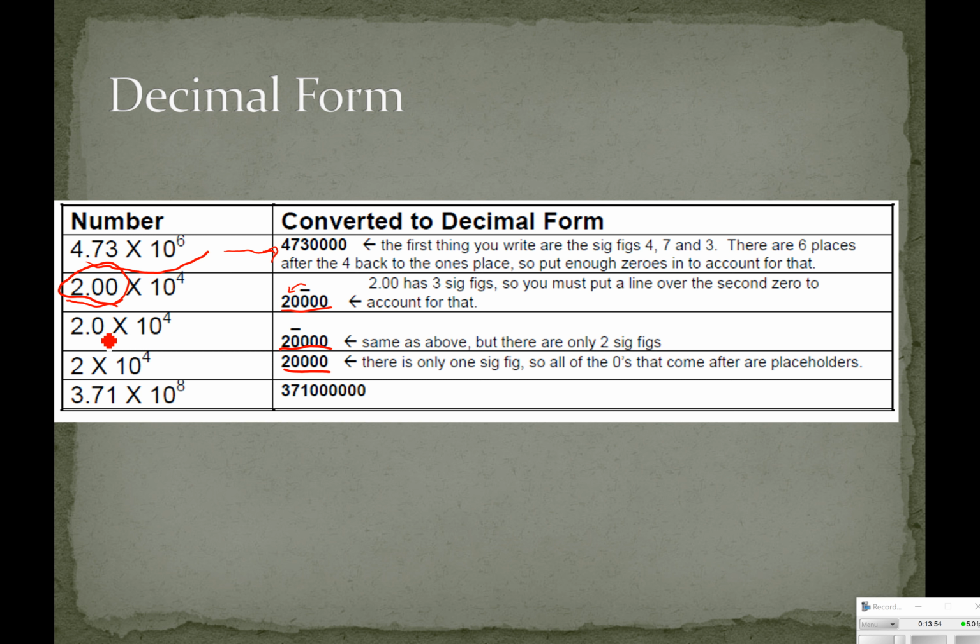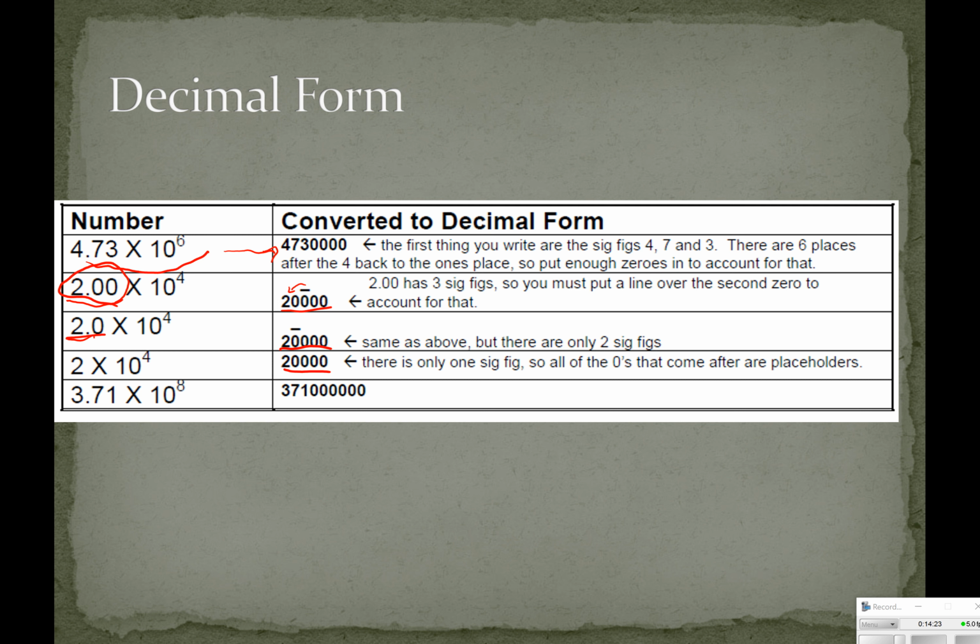The one below it, since we only have 2 significant figures, the line is going to go above the first 0, meaning that the 2 and that first 0 are significant. So we're only showing 2 significant figures there. The bottom one here with no zeros only has 1 significant figure, and we want that to correlate with the number in our standard notation. So we have no decimal, no line, and this 20,000 only shows 1 significant figure.